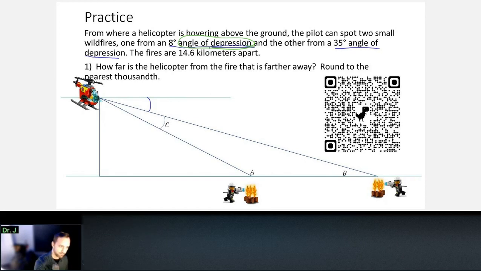Yep. And then we have another angle of depression, which is from here to here. Let me use a different color. I'll use red. And what is that angle? Yeah, 35 degrees. Okay, 35. So I'm just going to put 35 degrees.